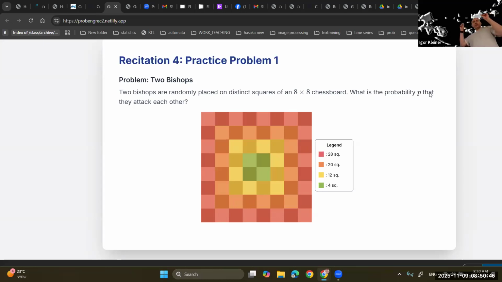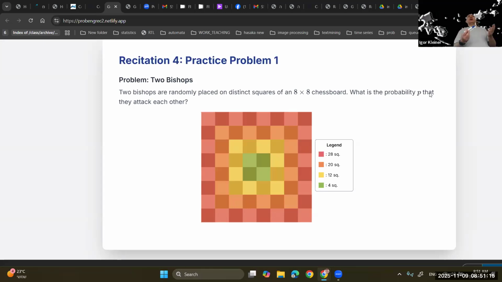We take two bishops, two pieces from chess, and place them randomly on two squares of the chessboard. For example, we put one here and the second one here. These are two bishops. And the question is, what is the probability that they will attack each other?